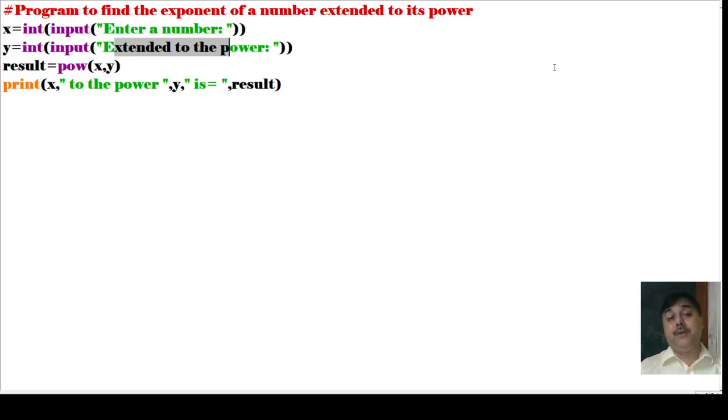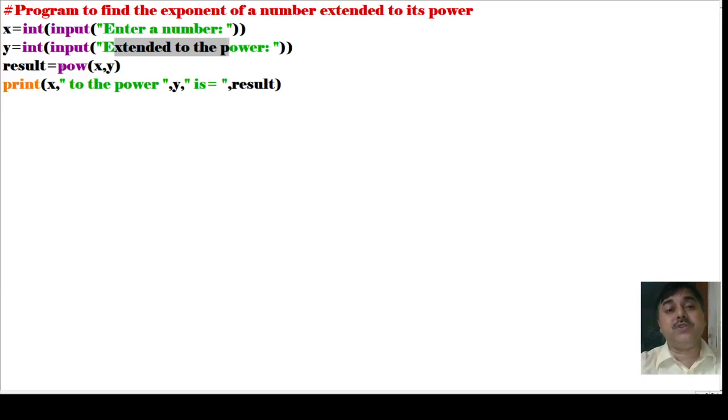The power, isn't it? So an integer data type is to be inputted. We need to input the integer data type, that is what has been done here at first. So the input function has been taken. Why has the input function been taken? Because here the value is taken from the user itself.